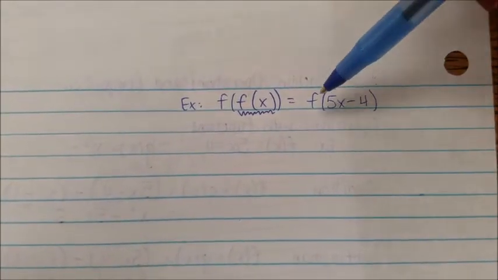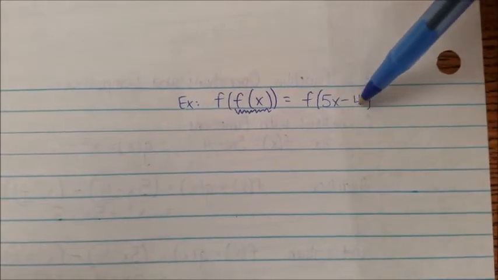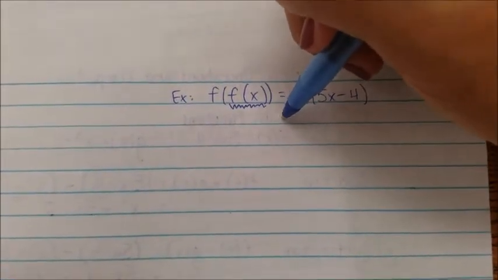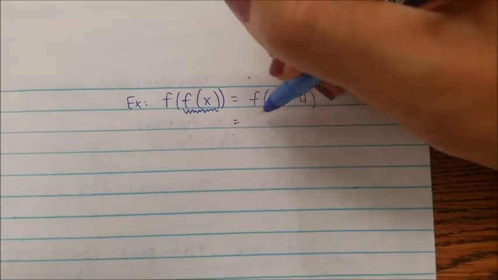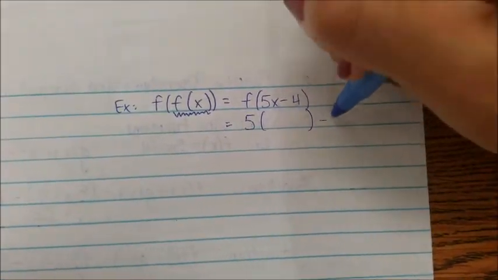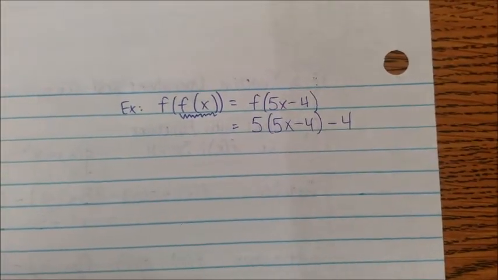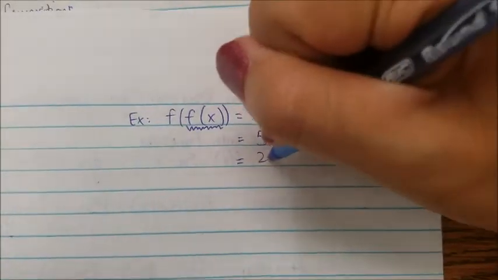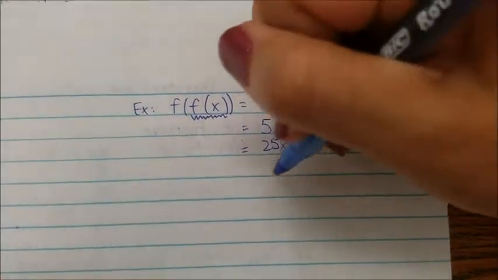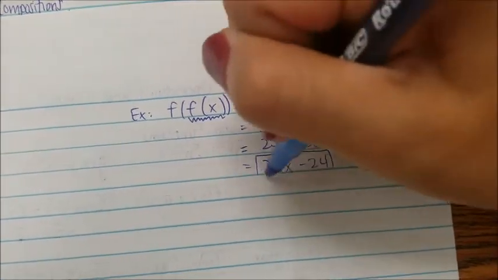Now this means in the f equation, plug it in wherever you see x. My f equation originally said 5x minus 4, so this time, instead of writing x, I'm going to write 5x minus 4. Once I have that plugged in, simplify it down again: distribute your 5, subtract 4 at the end, and that will give me 25x minus 24.